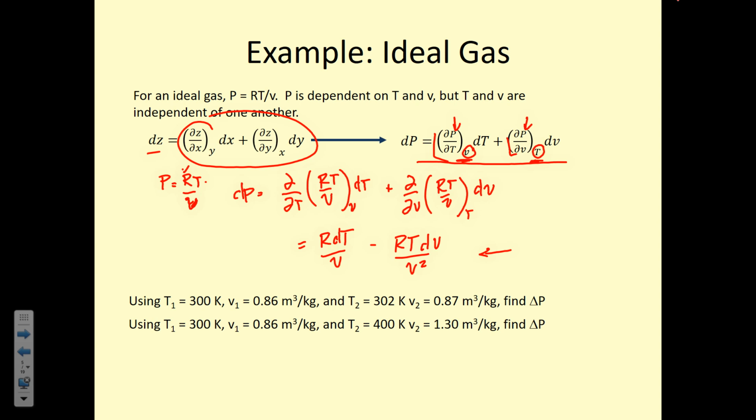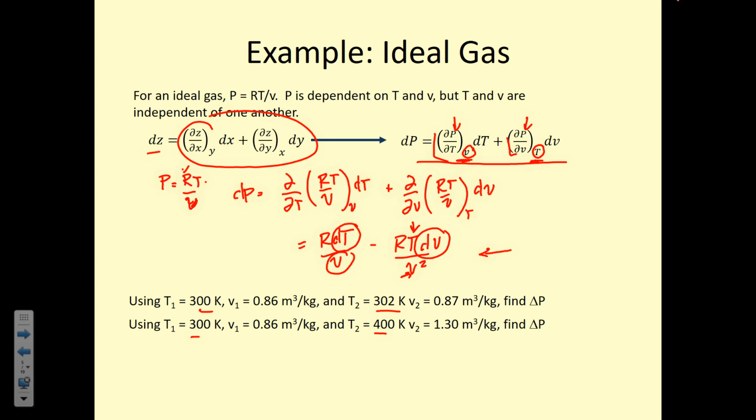If we are using this in practice, we have to take our temperature difference. We're going to do an example where we go from 300 to 302 K. That's going to be our dT. Then we'll use some constant average value for the volume. Similarly, we'll use a dV, which is the change in volume, and a constant average volume and a constant average temperature.